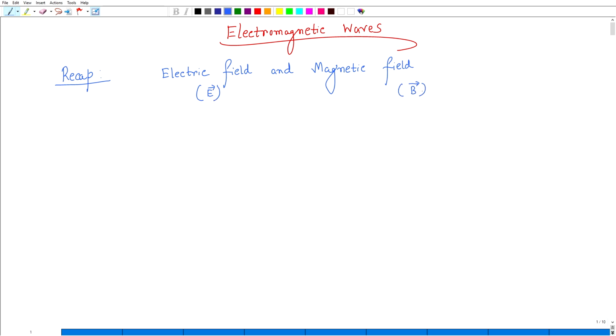And then we discussed our Maxwell's equations, basically the differential forms.